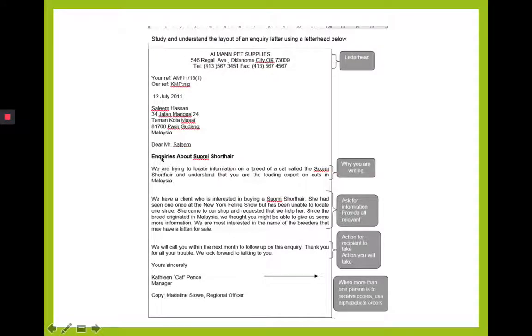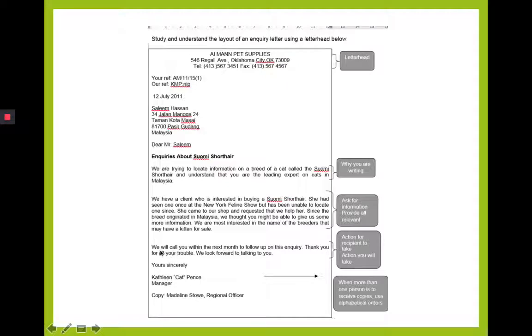So after you have done with this, you will move on to the body of the letter. So you will start with the introduction. Who are you? Why are you writing? Where did you get the information from? And then followed by what are some of the requests? Okay, what are some of the enquiries that you would like to get from them?